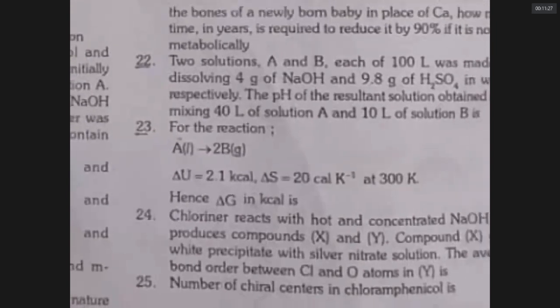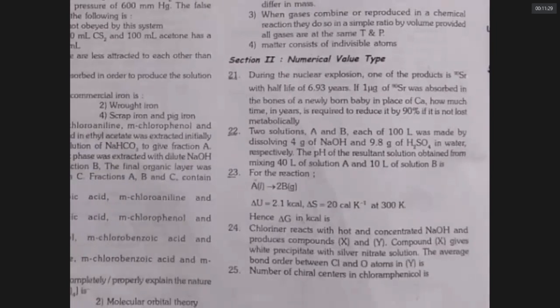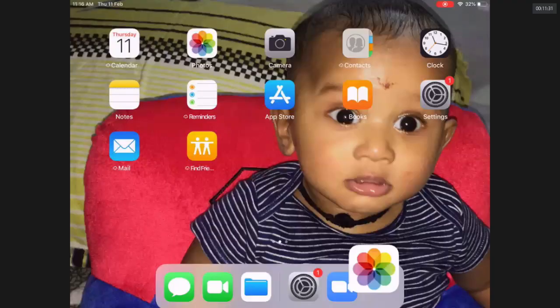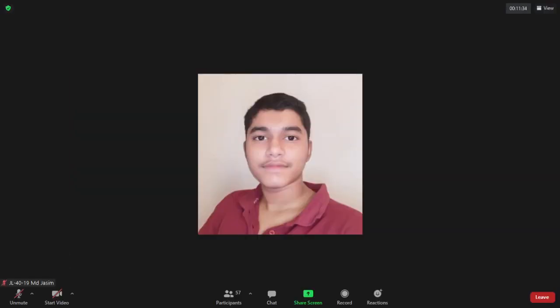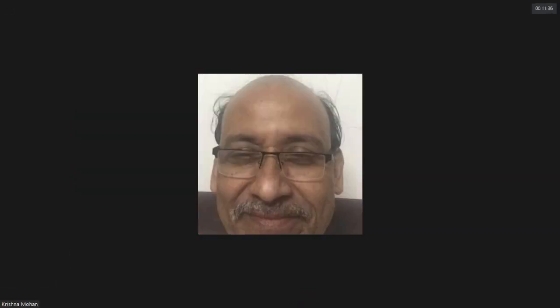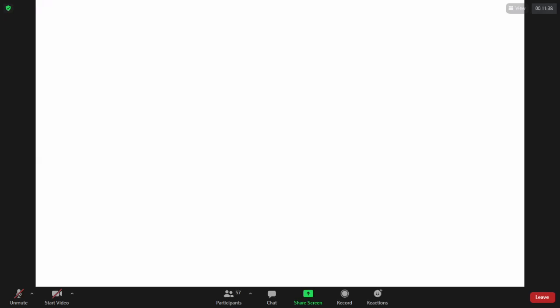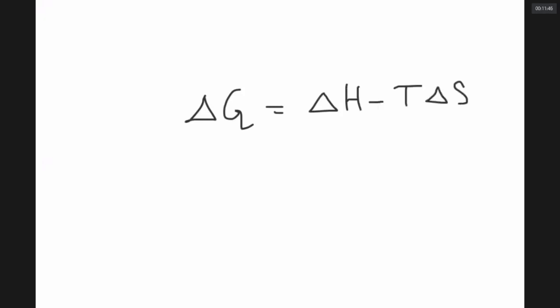Okay. I should know what delta G is. Delta G is equal to delta H minus T delta S. Delta G is called Gibbs free energy change, which is equal to the difference between the enthalpy change delta H and the energy wasted, minus T delta S. If I am burning petrol in a car, a part of it is useful, a part of it is wasted.